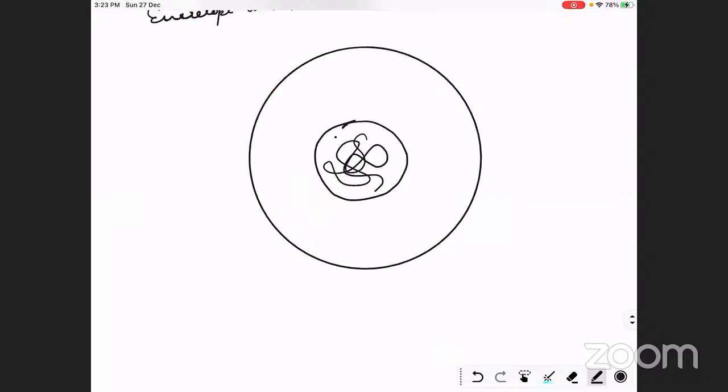This chromatin material becomes compact and forms the chromosome like this, and at the end the nuclear envelope will disappear like this.